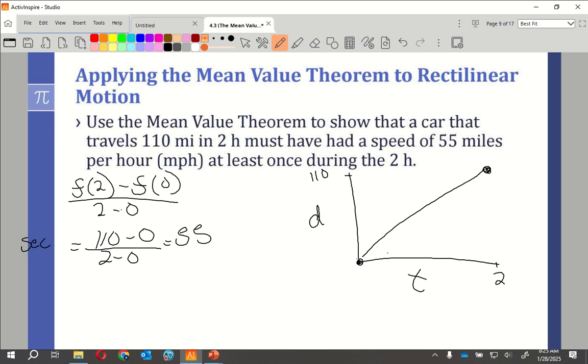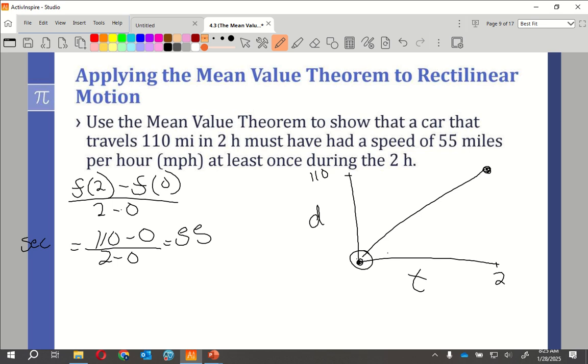So my secant line right here, so my mean value theorem says that at some point when we're driving this, we started at 0. We started at 0, right? So in your car, you get into it, put in the key, push your foot on the gas, and you go vroom vroom, right?